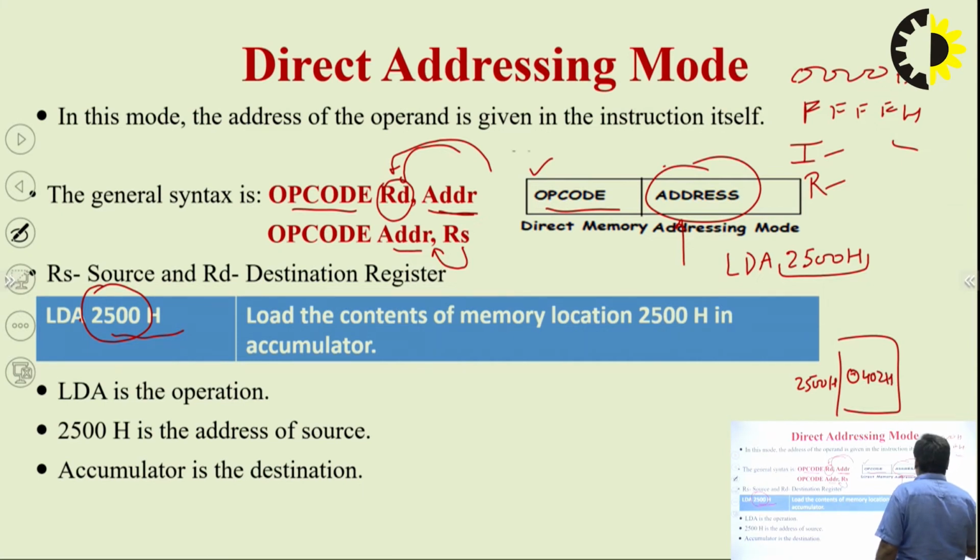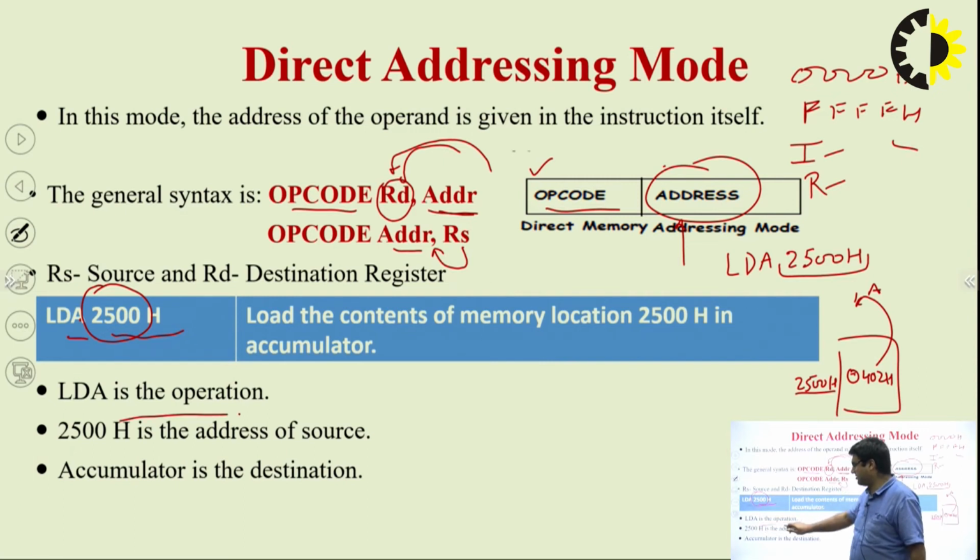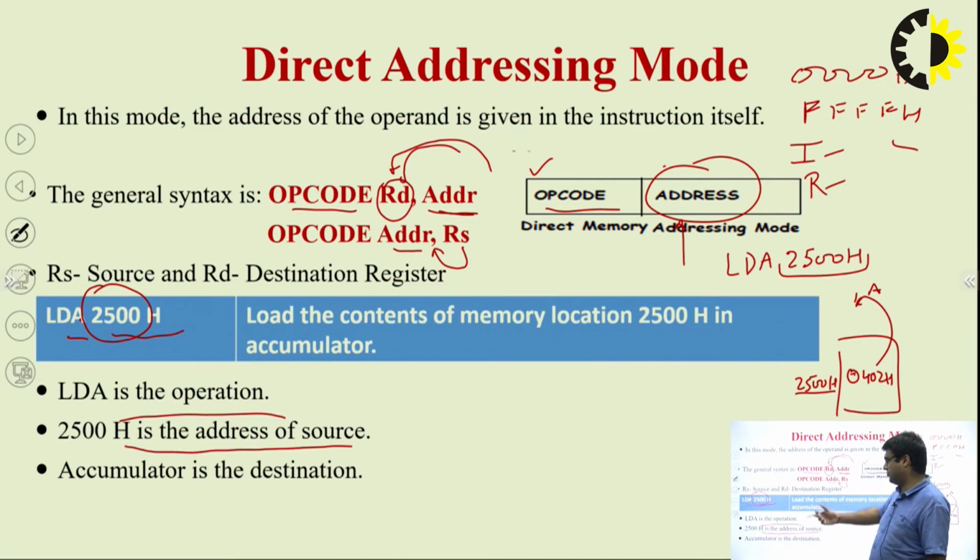Through this instruction we are loading the contents that lie in this memory location into the accumulator register. So we are directly operating on it, and that's why it is called direct addressing mode. LDA is the opcode which the microprocessor has to execute upon receiving it. 2500H is the address of the source, and the accumulator is the destination.